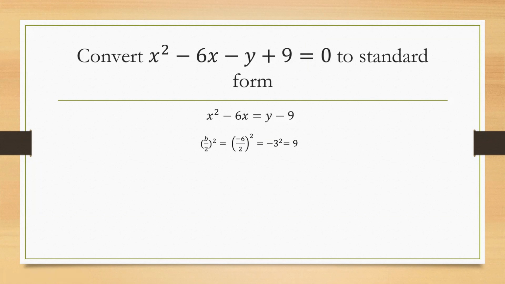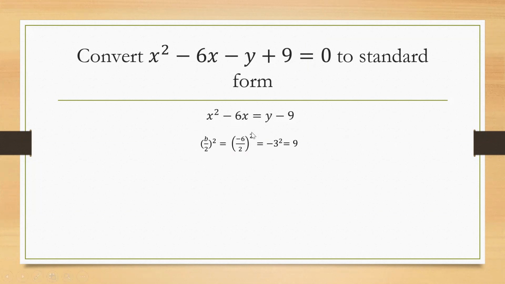And then now we are going to complete the square. So we get the value of b, which is -6x, and then we divide. Oh wait, no, the value of b is just -6.